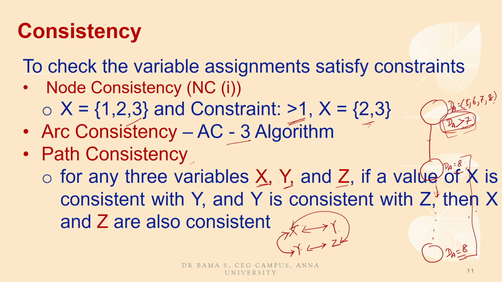Since x is consistent with y, x will also be consistent with z. This is called path consistency, and this can be maintained using the graph which I have shown earlier for the Australian map. Now, we will go ahead with the second algorithm, which is the AC3 algorithm.